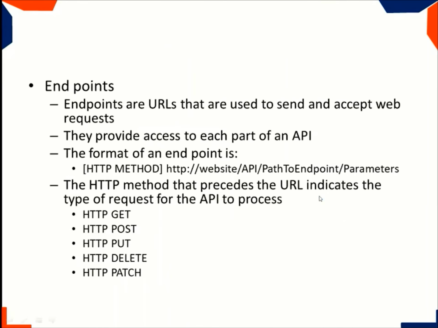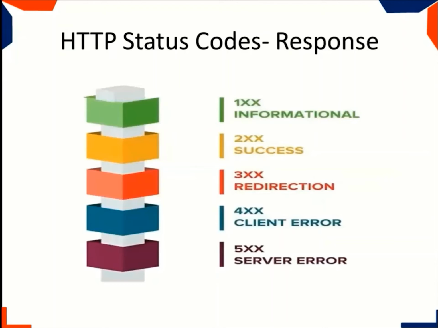When it comes to the response, it will give you a 3-digit number. Any number that starts with 1, it might be 101, 102, 103, these are all the informational HTTP codes.